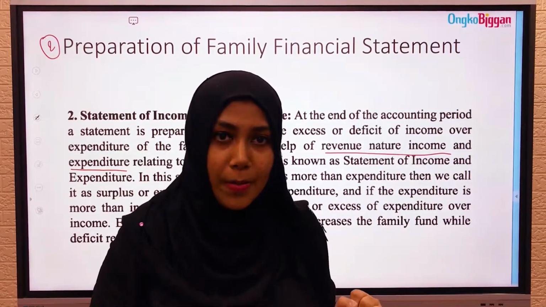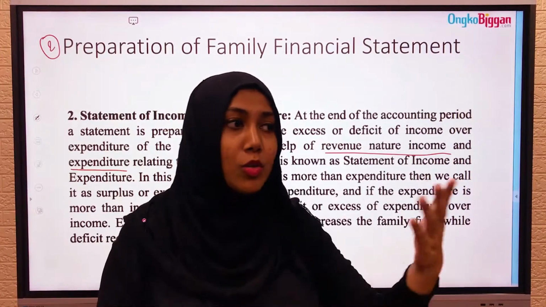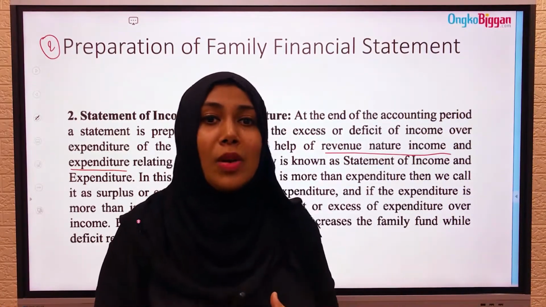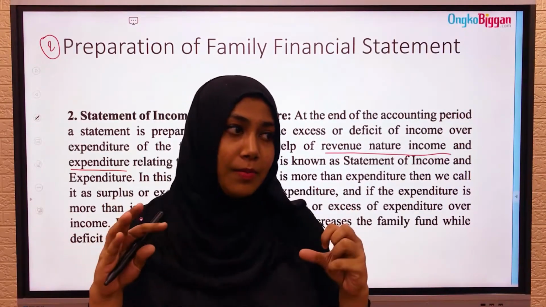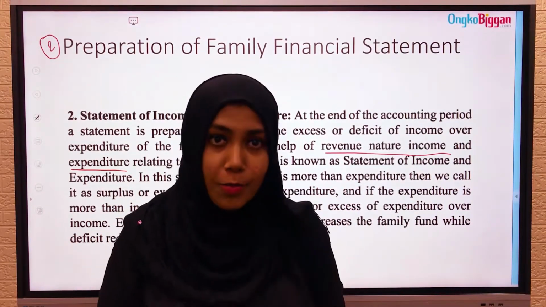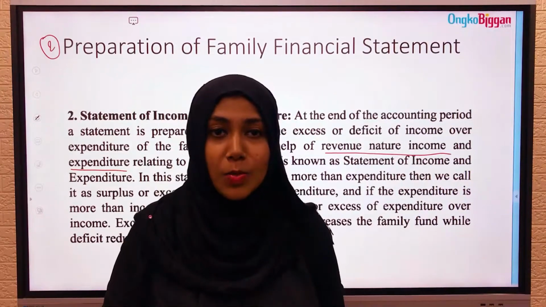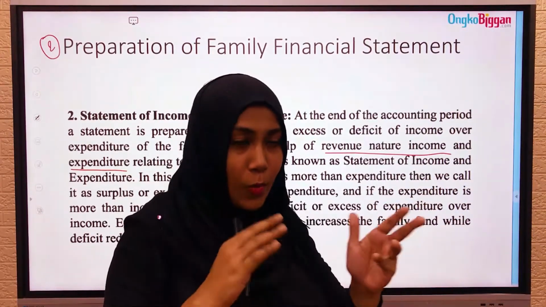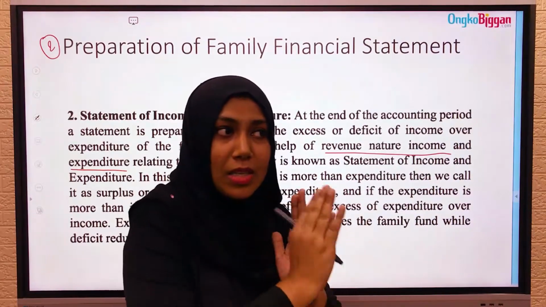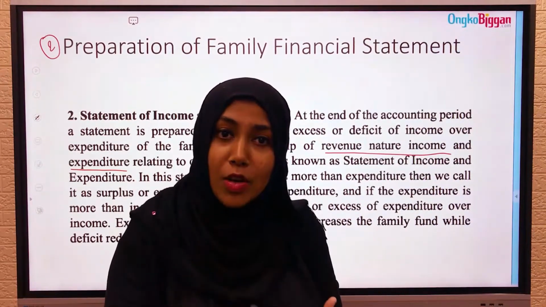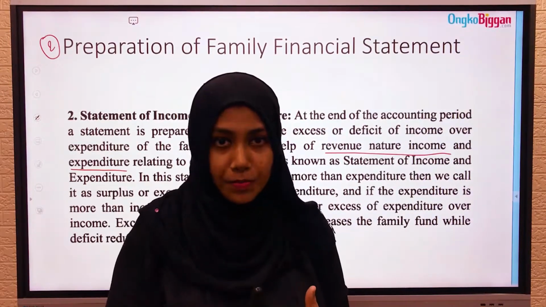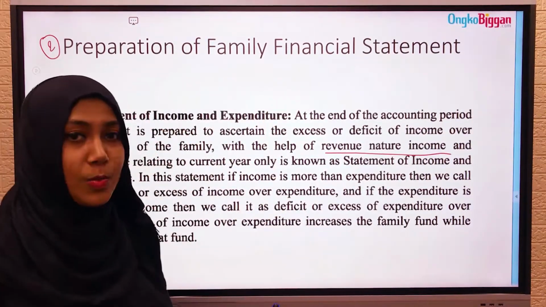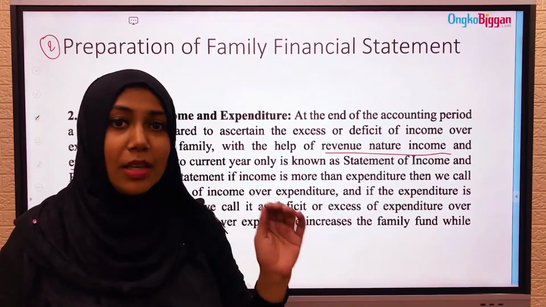For traveling, going to the office, shopping, school, I consider something like 5,000 taka per month, so that traveling expense is my expense. So we have to find out whether this income and expenditure are of revenue nature or not. If it is, then it is included in the income and expenditure statement; otherwise, not.